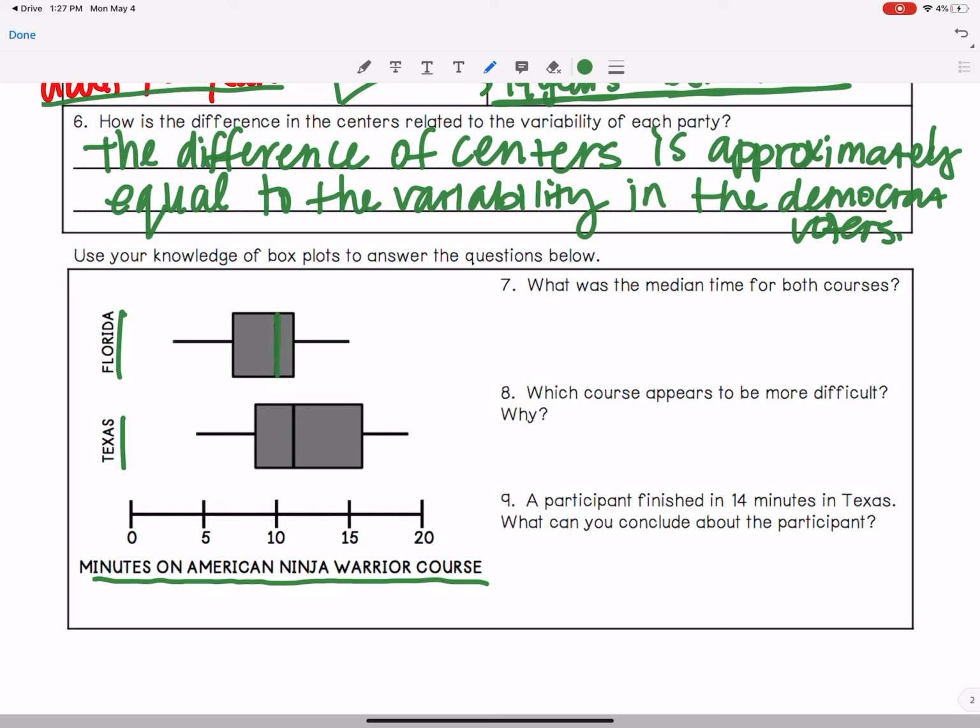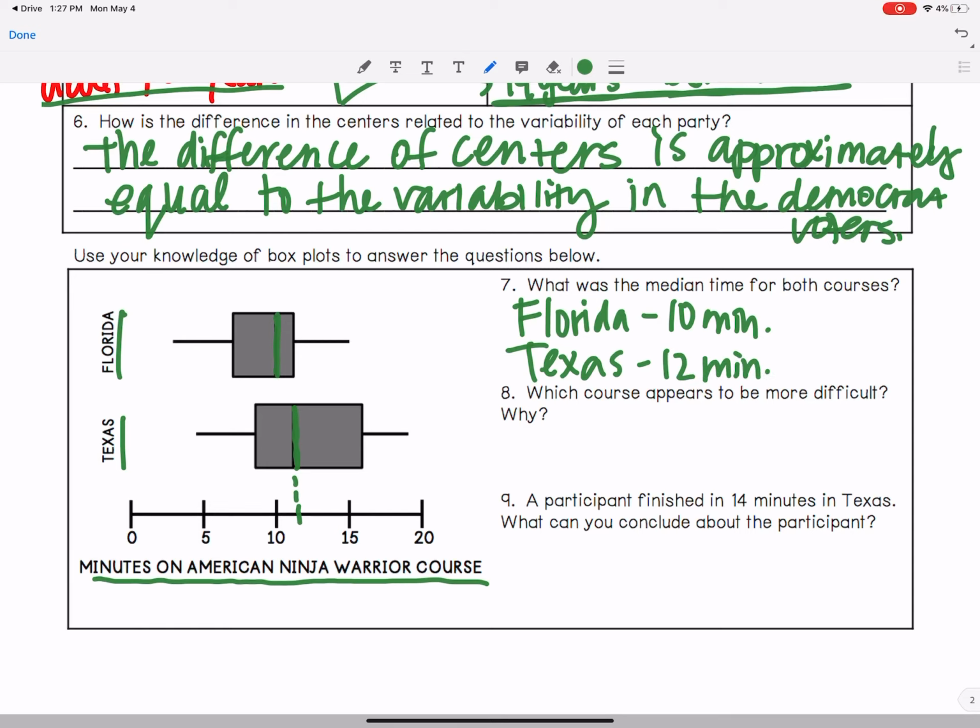Is this in minutes? Yeah, 10 minutes. So I'm going to say Florida, their median time, 10 minutes. And Texas, their median time right here, if I were to just go down, what do we think that's going to be? I'm going to say 12 minutes. So median time for Texas, 12 minutes.